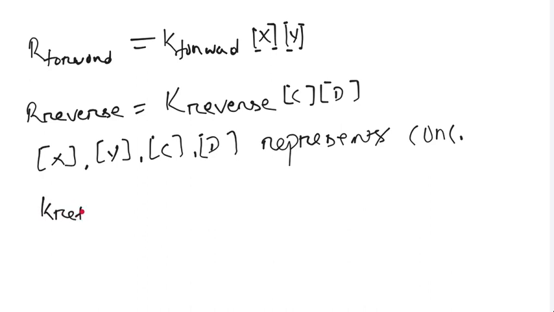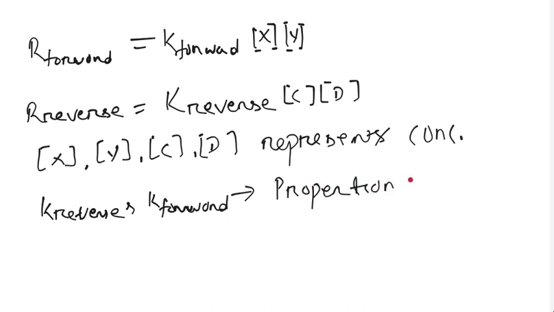K reverse and K forward are proportionality constants, so you can say rate constants.